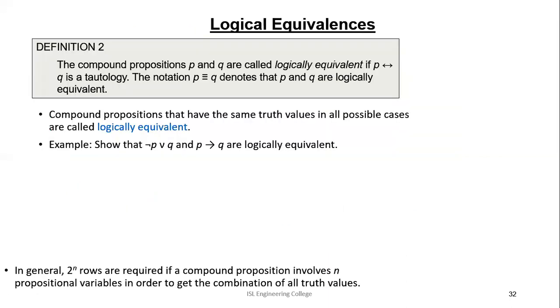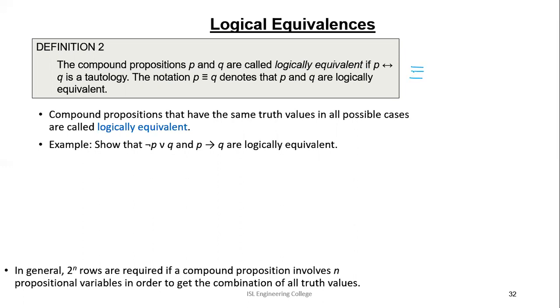Now, logical equivalences. The compound propositions P and Q are logically equivalent if P if and only if Q is a tautology, and the notation is P is logically equivalent to Q. So this is the notation for logically equivalent.